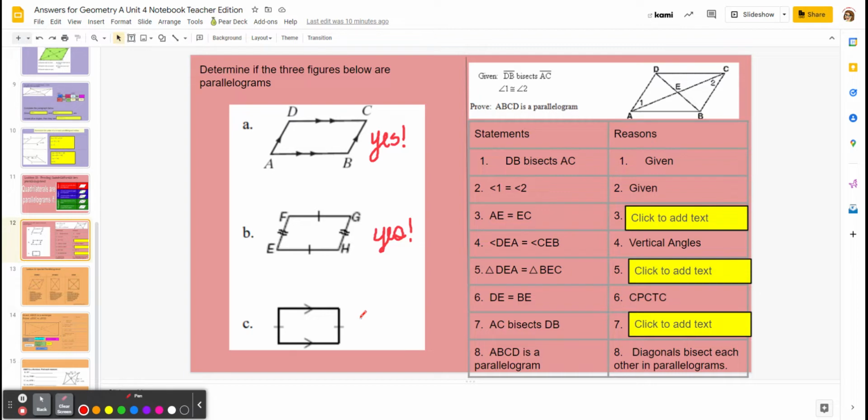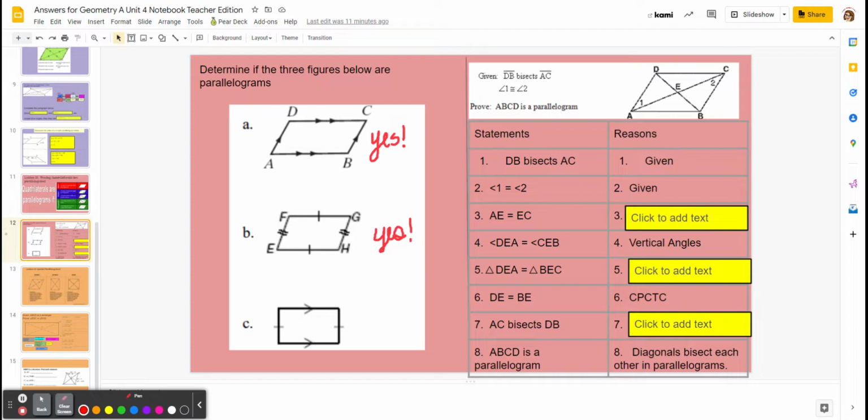In order to prove that it is a parallelogram, it has to fit one of the conditions. Remember from our 18.4 homework assignment, we had at the top conditions for parallelograms. One of the ones listed there says both pairs of opposite sides are parallel.